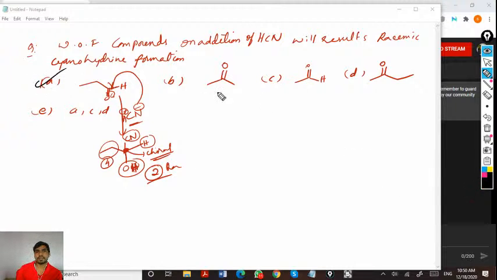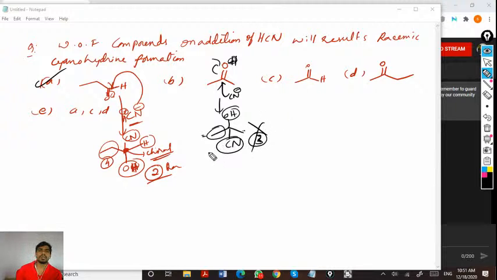Okay. Next, if this is attacked by the CN minus, it's going to become O minus and attacked by the H, resulting in OH and CN. So how many different groups does it have? 1, 2 and 3. This and this are the same. So it has only 3 different groups, which is not chiral. So it will not give 2 isomers.